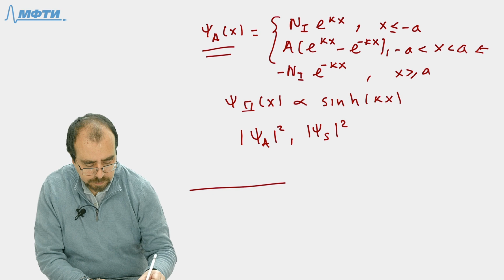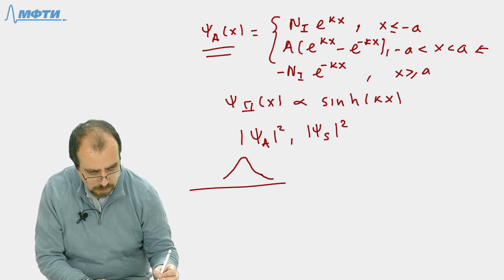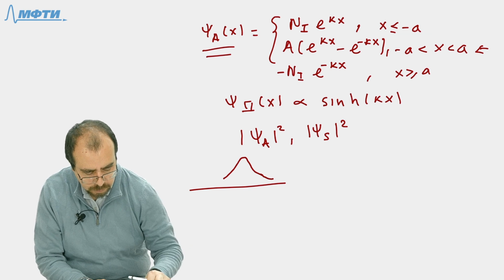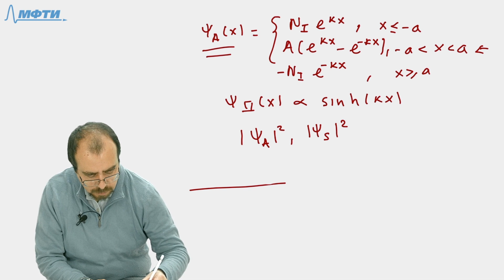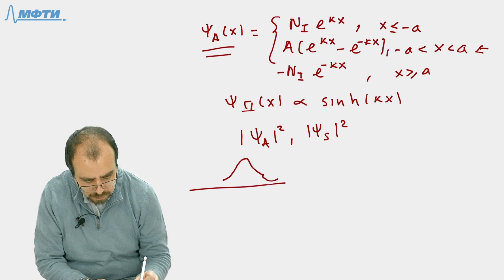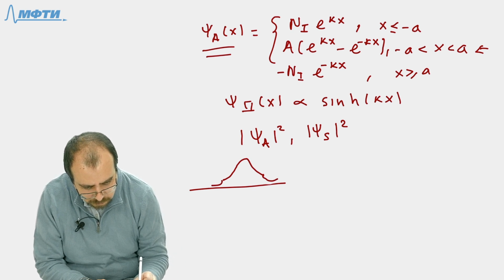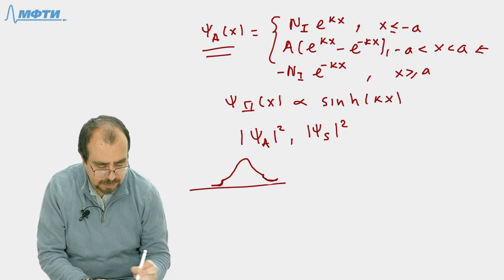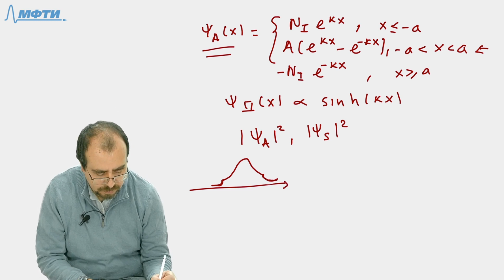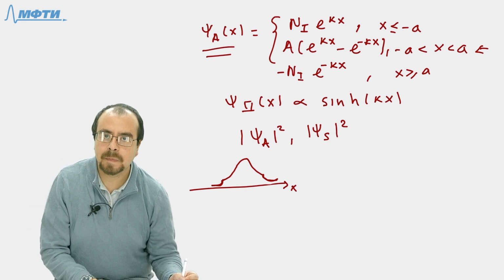It is symmetrical here, right? And also there is a discontinuity here. So let me try to plot it a little bit more carefully. Something like this, and then here a discontinuity in the derivative. Well, I'm not a very good drawer, but something like this.